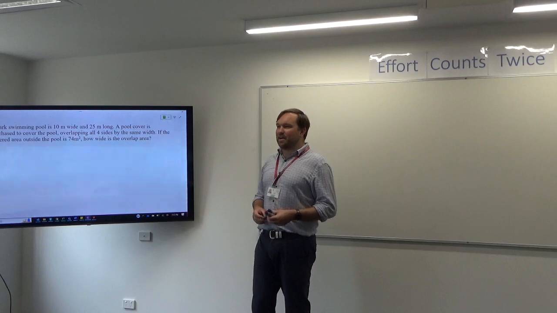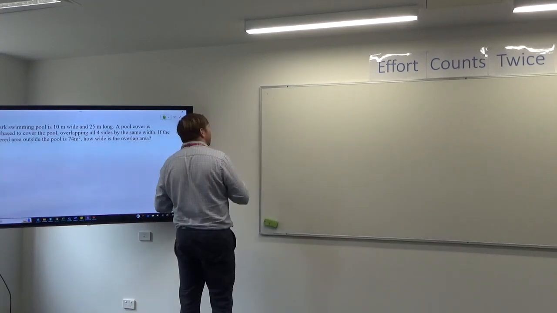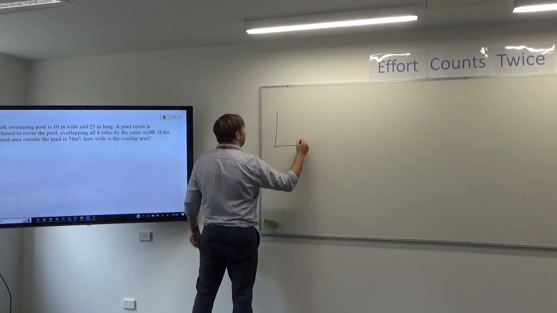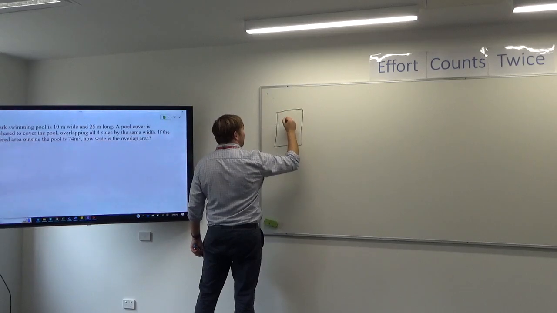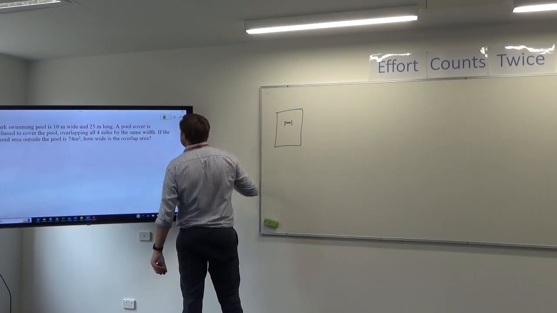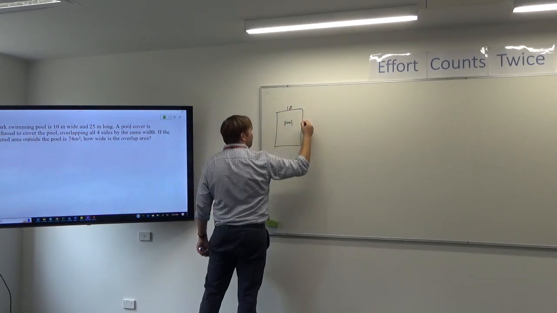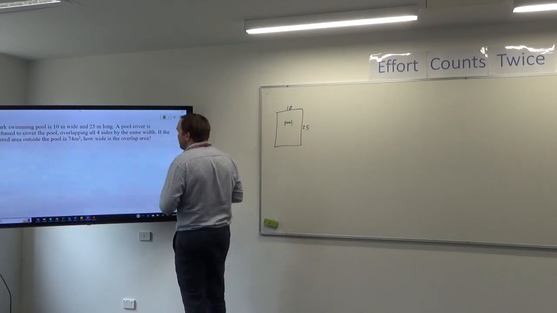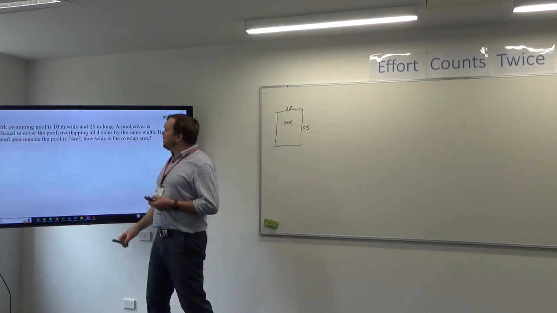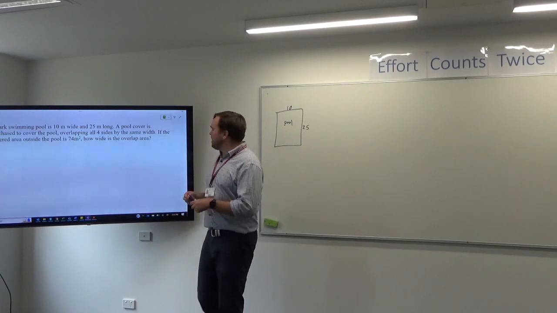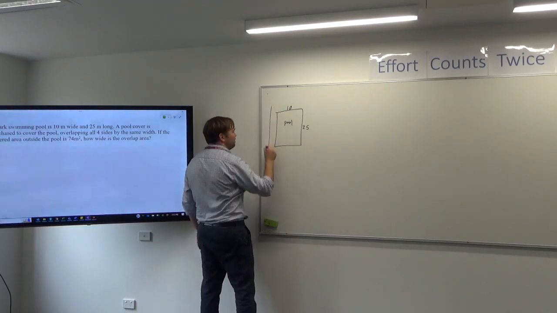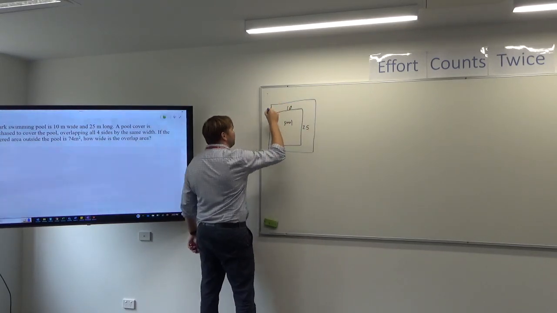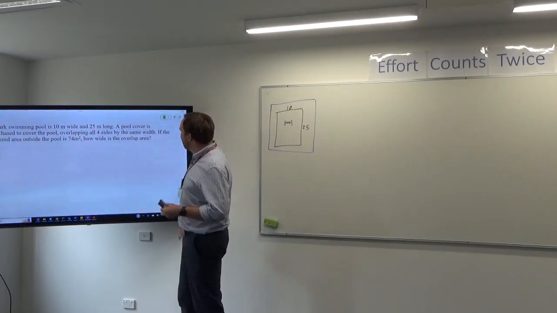Right, so before anything else, draw a picture of what is happening. You've got a pool, and it doesn't have to be a glorious picture, but this is your pool. It is 10 metres by 25. A pool cover is purchased overlapping all four sides by the same width. So we have a pool cover. It's a great cover.